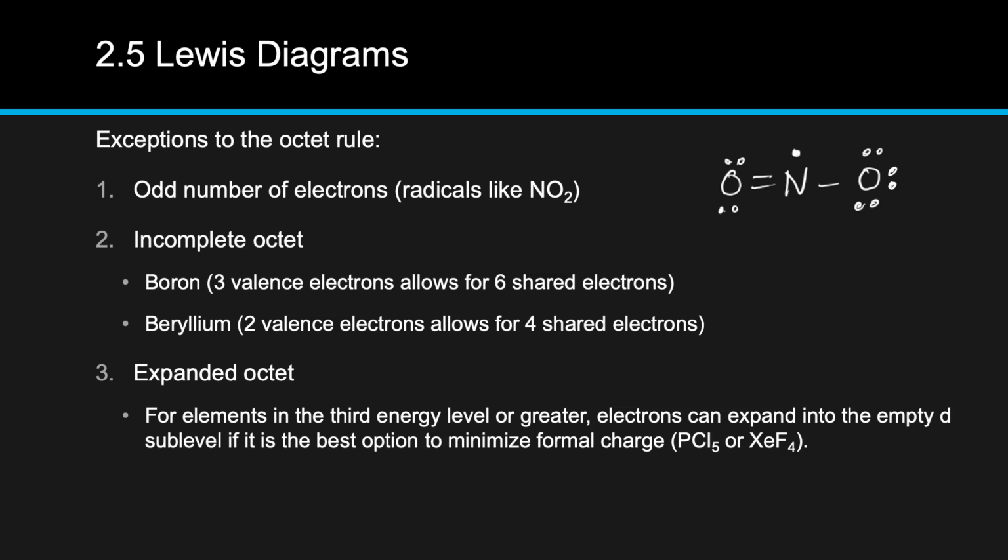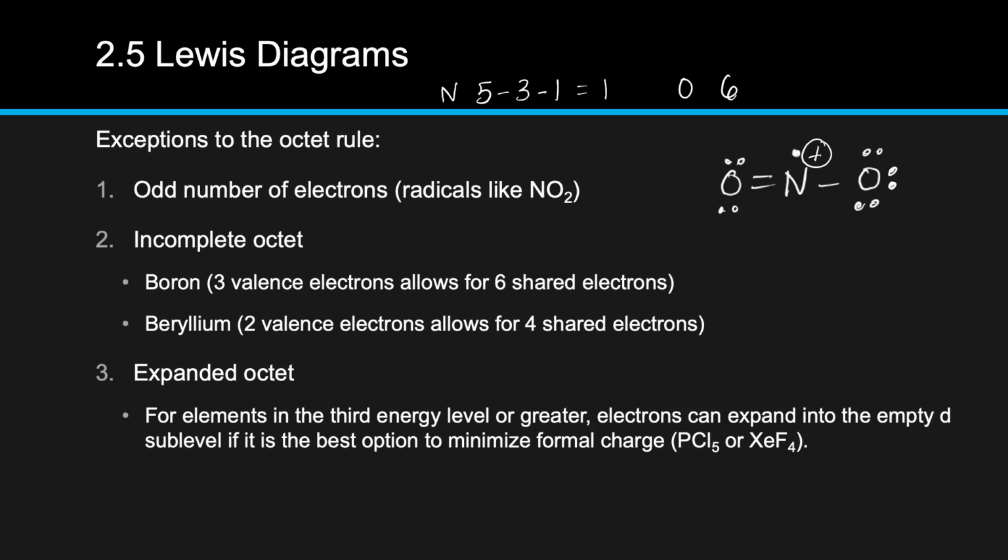So because of that, we need to calculate formal charge. So for the nitrogen in the middle, we have 5 valence electrons minus the 3 bonds minus the single electron gives us a formal charge of 1. So there is a positive charge on this nitrogen. Then for the oxygen on the right, we can see it's not bonding how it typically does, so we should probably calculate formal charge.